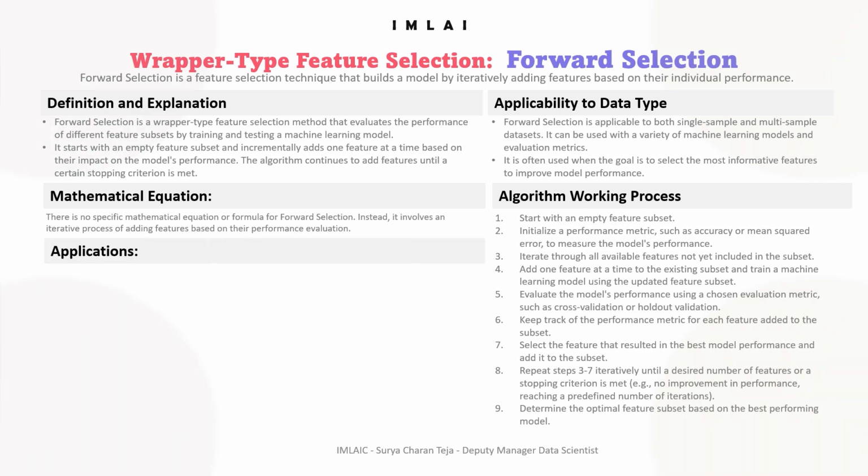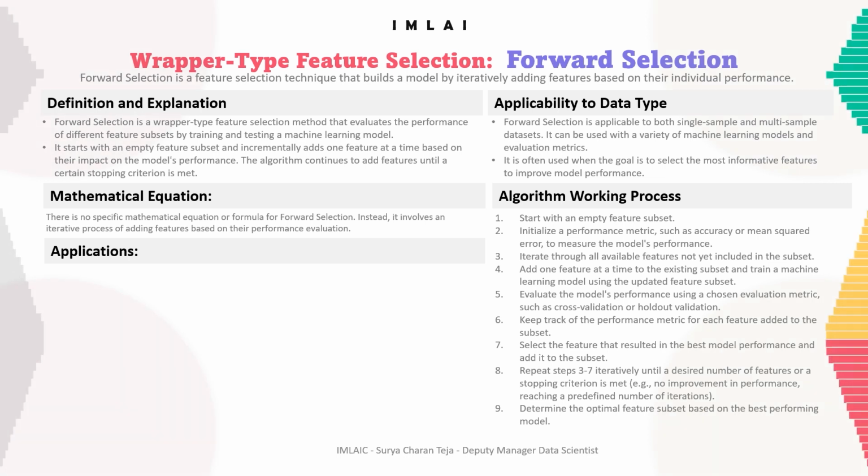Forward selection is widely used in various machine learning tasks, including classification, regression, and clustering. It helps identify the most relevant features that contribute significantly to the model's performance.